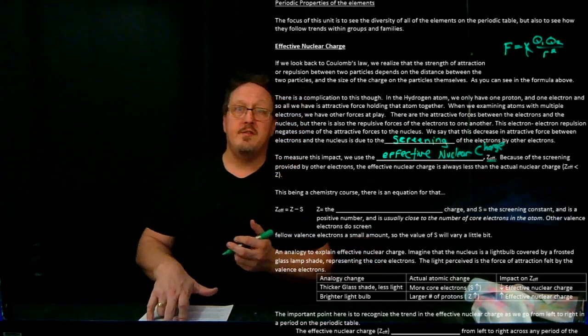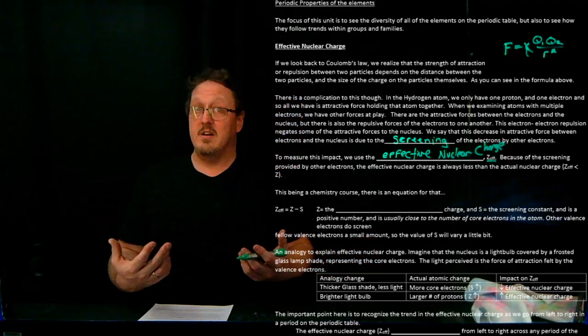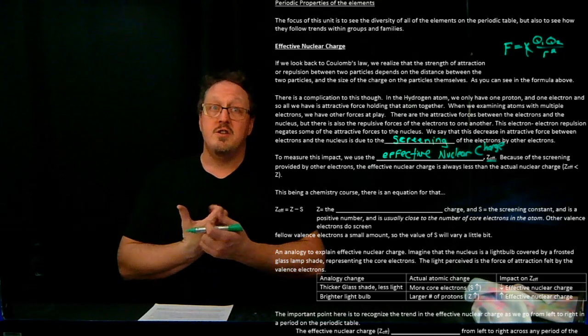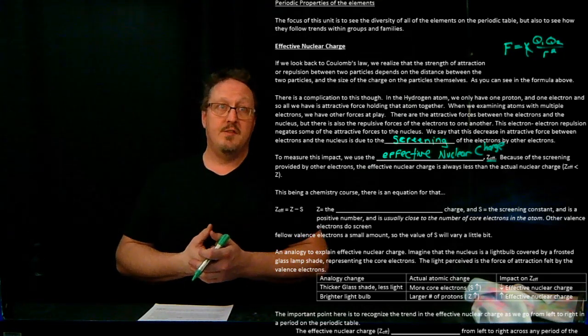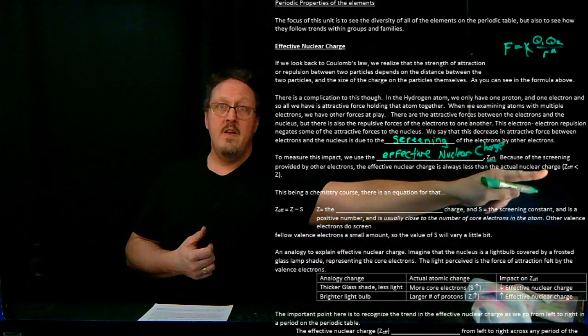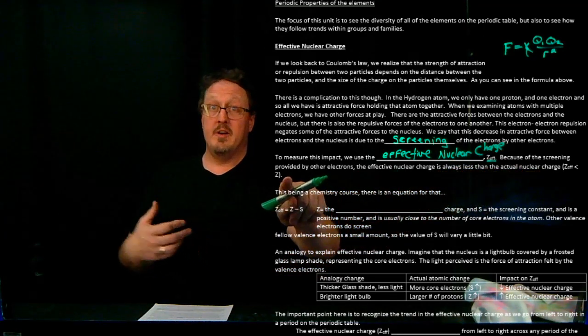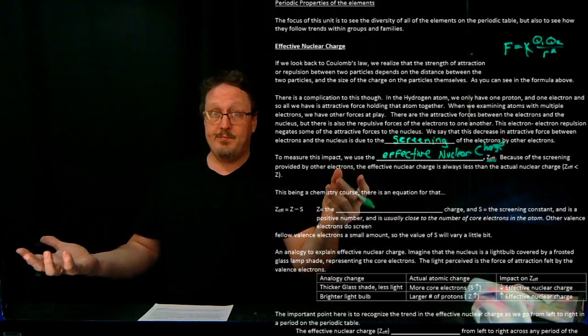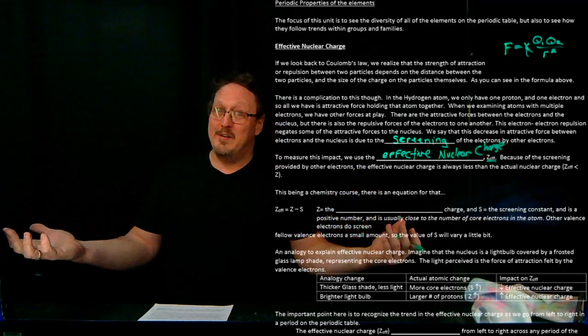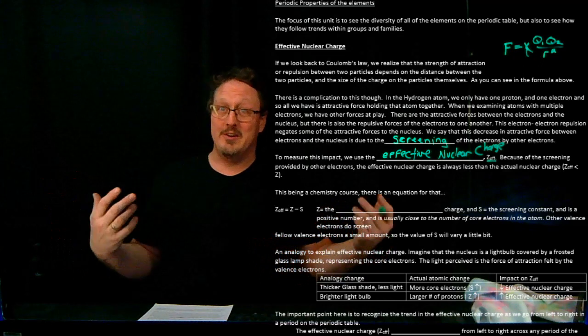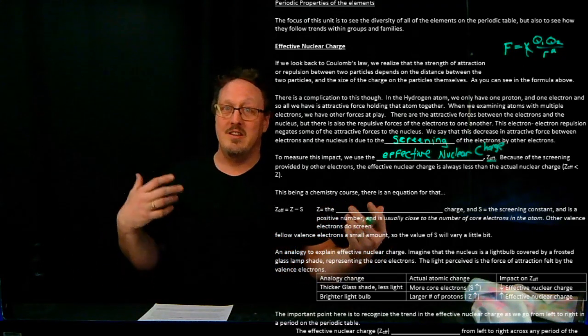Because of the screening provided by other electrons, the effective nuclear charge is always less than the actual nuclear charge. Z effective here is always less than what we expect Z would actually be. Now, this being a chemistry class, there is an equation for this, and we're going to talk a little bit about that equation and see how that works out.